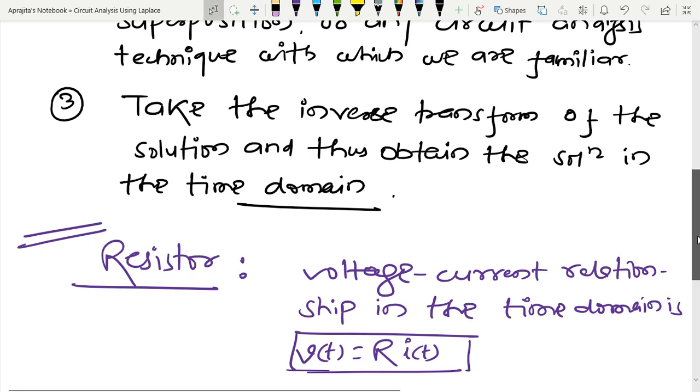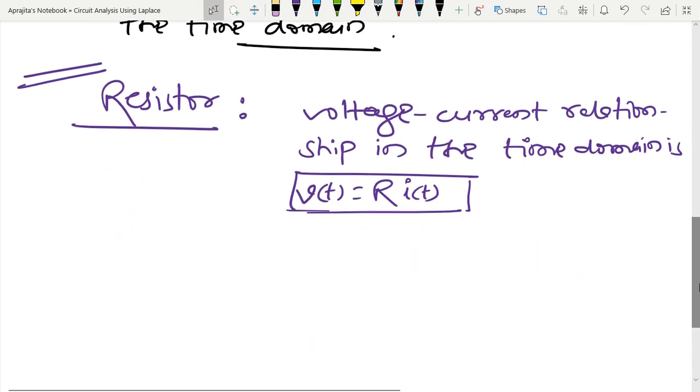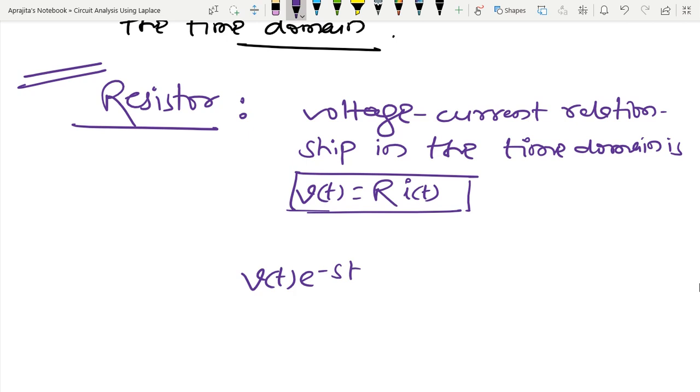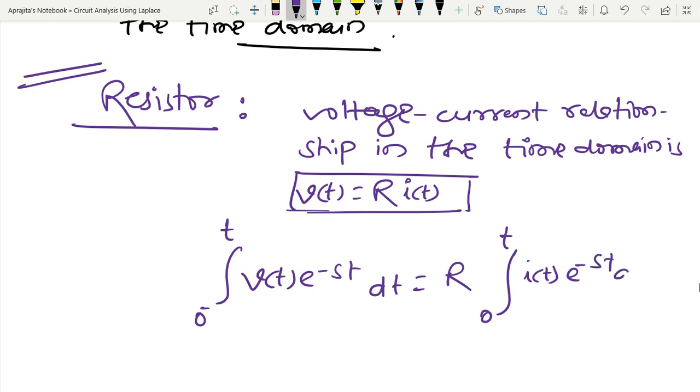Now this expression is in the time domain, so let us take the Laplace transform on both sides. So if I do like this, integral of v(t) e to the power minus st dt from 0 minus to infinity, that is equal to R times integral of i(t) e to the power minus st dt.